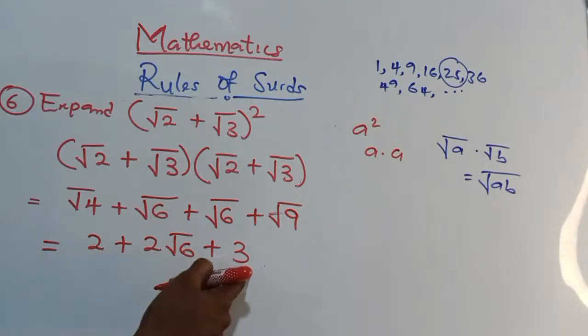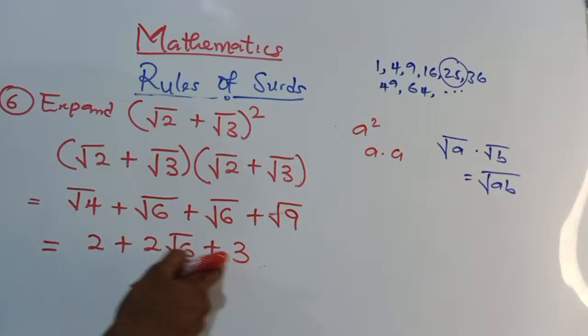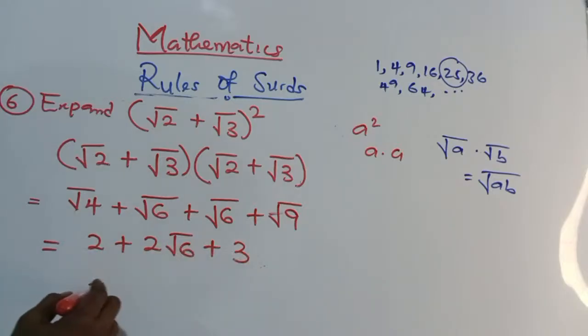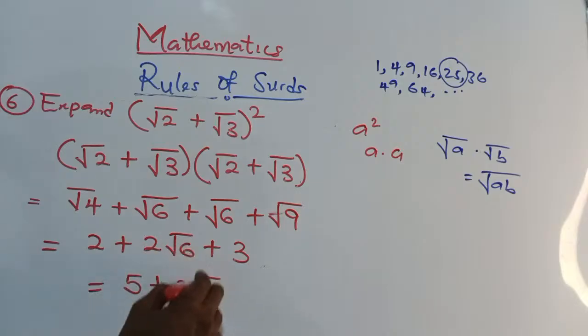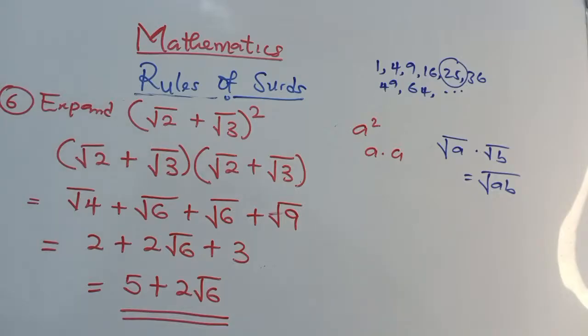Now, we can add this and this together. 2 plus 3, we can add it together. And that's 5 plus 2 root 6. This is the final answer. If we expand, this will be our final answer.